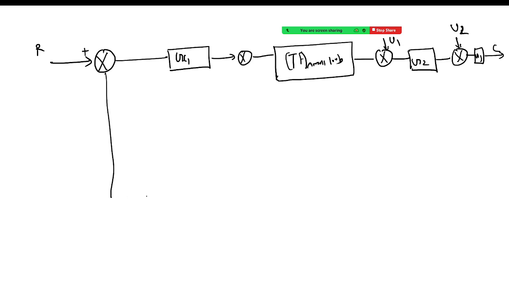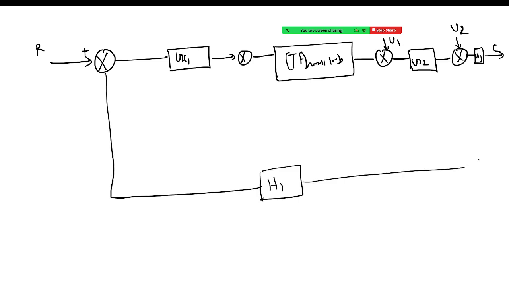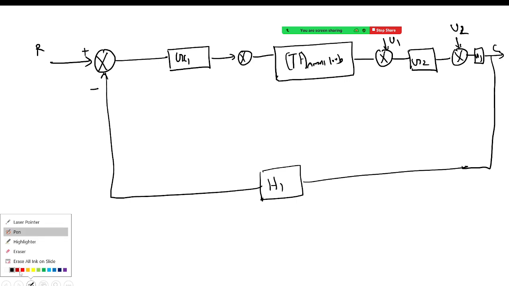Fine. And after that there was a feedback loop. Here it was H1. And the output over here is coming back to the input as negative feedback. Right? So this one is negative.